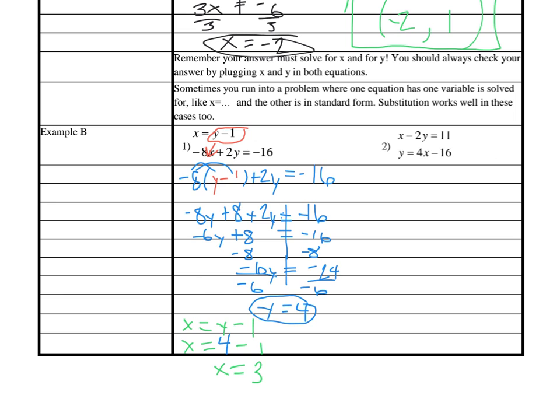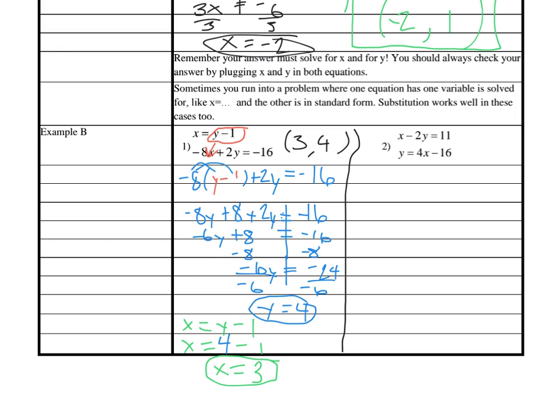So x equals 3. And we can write this as an ordered pair. Remember, we do x then y. X we got 3, and y we got 4. So our ordered pair is (3, 4), which means if you were to graph these two lines, they would intersect each other at the point (3, 4).